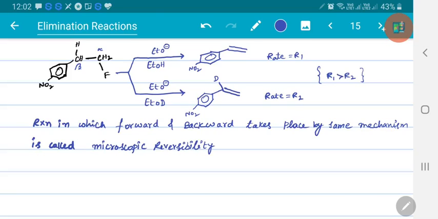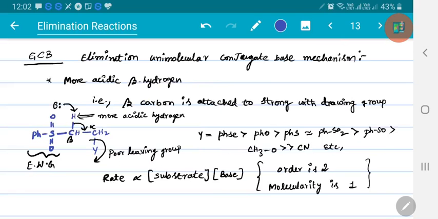Now, if you see such conditions, even E2 and so on, E1CB in cyclic systems, right? So here also the anti-periplanar condition must be there, because the carbanion is formed, that bond is shifted and the leaving group is lost. Because negative charge is obtained here, that got shifted here and Y is lost, right?